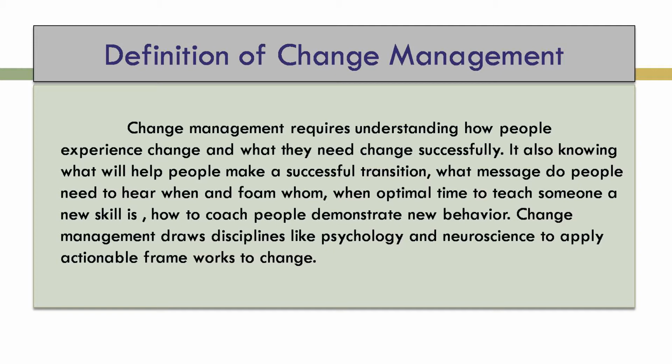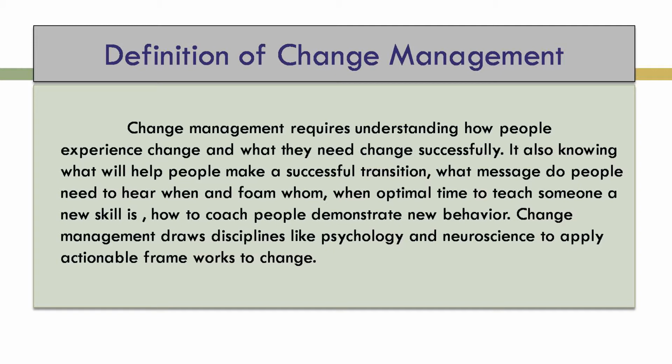This means that first, employees or company management need to understand how people experience change, and they should have a clear idea about what they need to change in the organization and what requirements they need for successful change management.